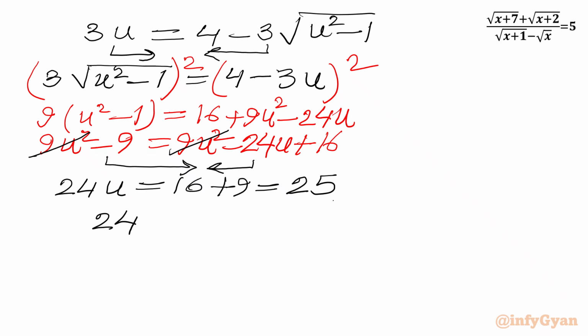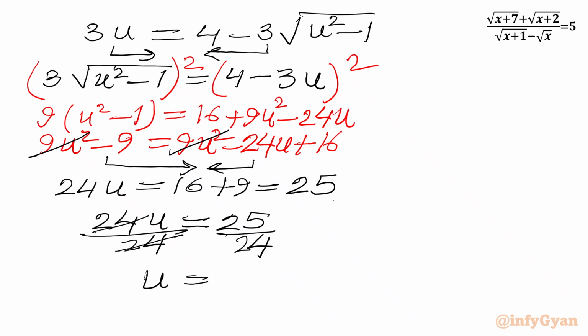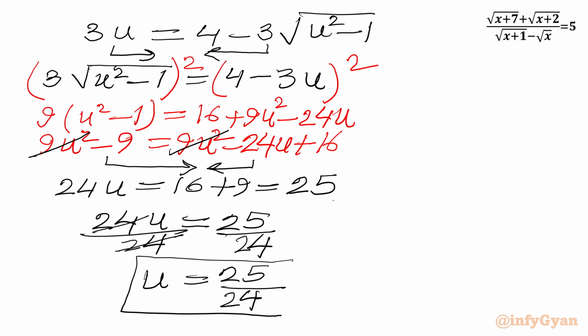So 24u equal to 25. We'll divide both sides by 24 to get the value of u. So u will become 25 over 24, 24 in the denominator, 25 in the numerator. This is the value of u.